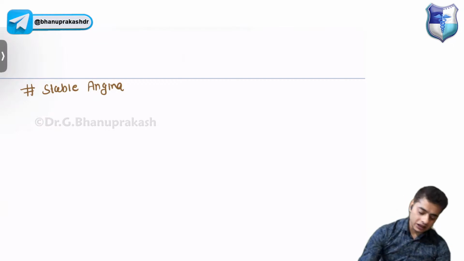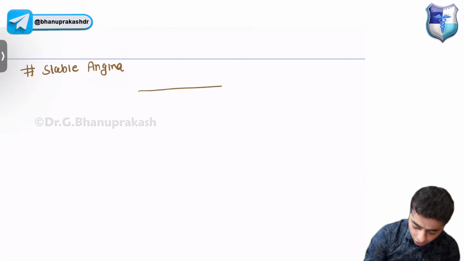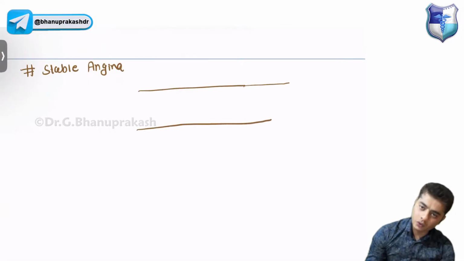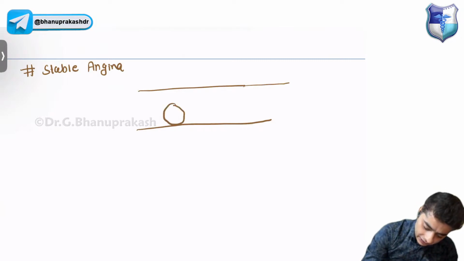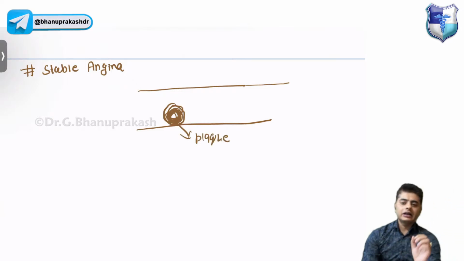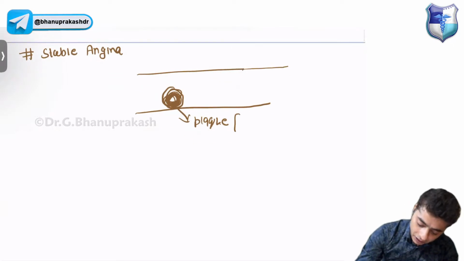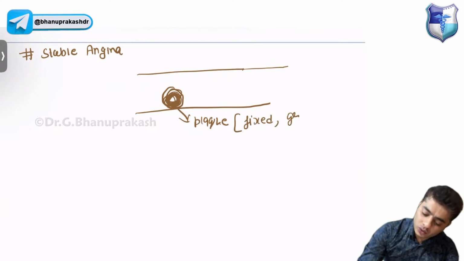Now, when we come to stable angina, suppose this is your coronary artery, and this is the atherosclerotic plaque. A characteristic feature of the plaque in stable angina is that this plaque is fixed, and it gradually increases.